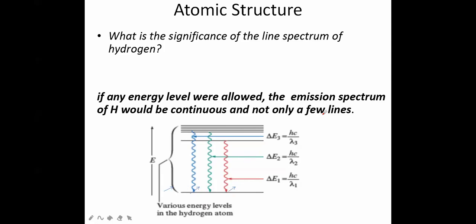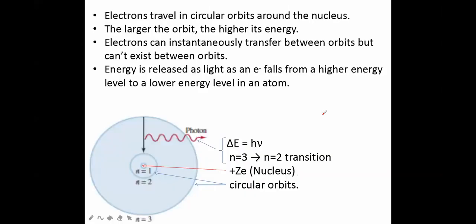So this example we have here is the hydrogen atom, which has one proton and one electron. Electrons travel in circular orbits around the nucleus. The larger the orbits, the higher the energy.